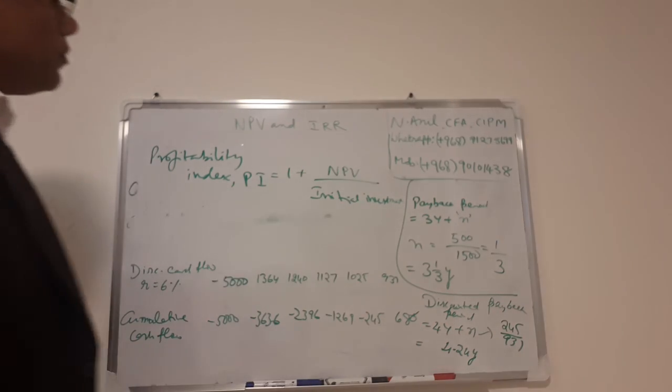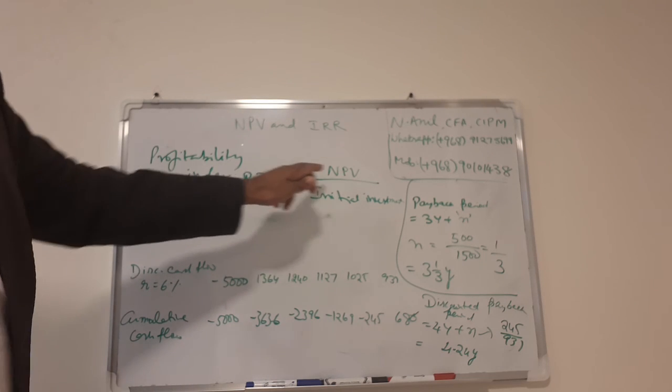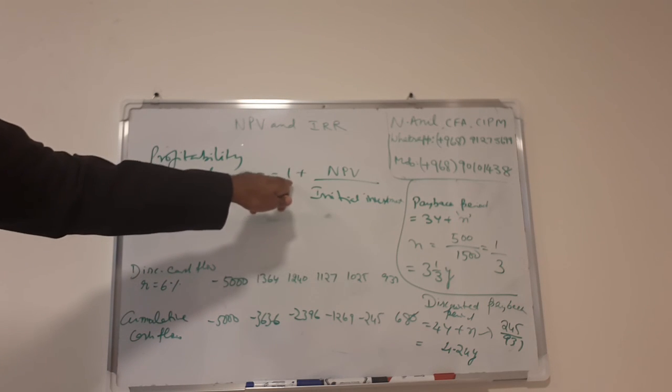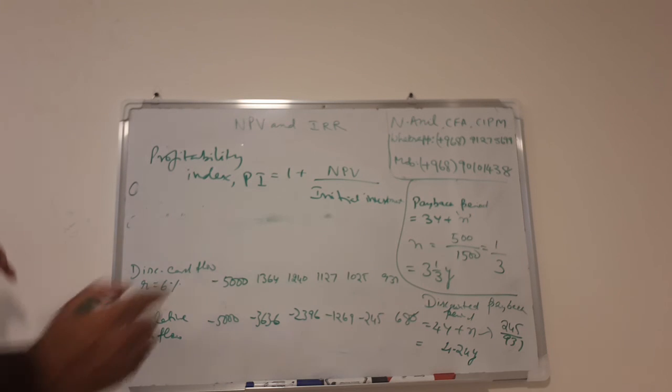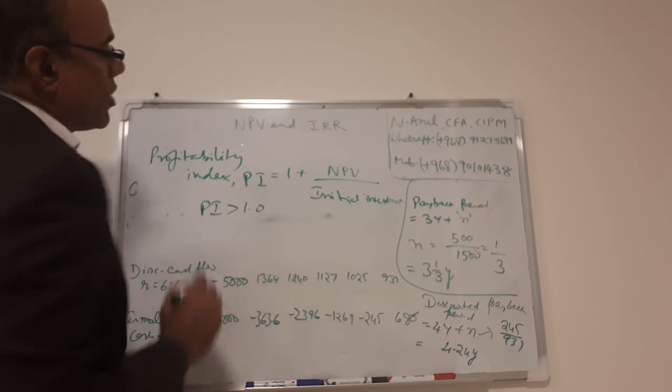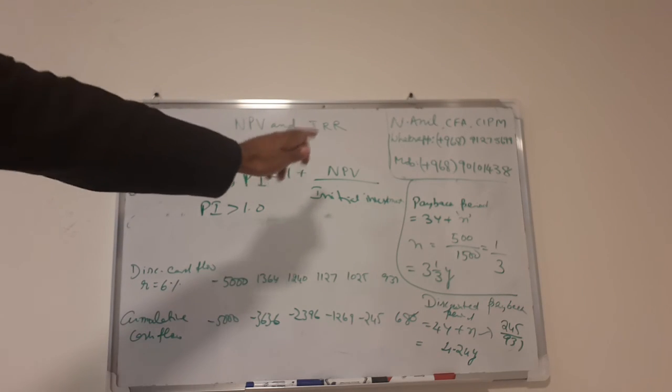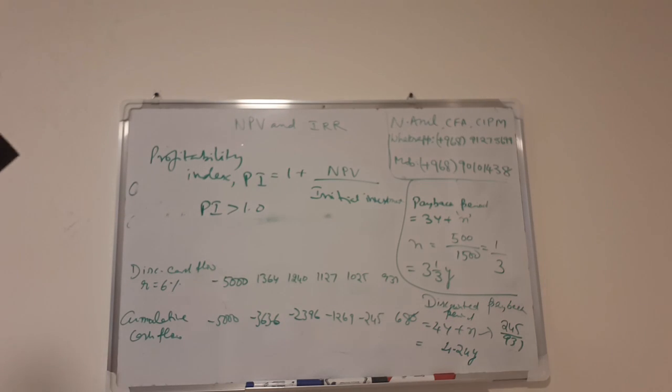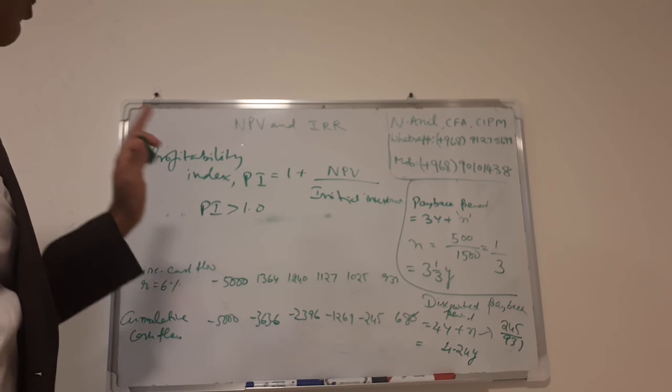So if the NPV is high, then PI will be higher. If PI is greater than 1, then only you should invest. Means NPV should be greater than 0. NPV should be positive. So this is the profitability index.